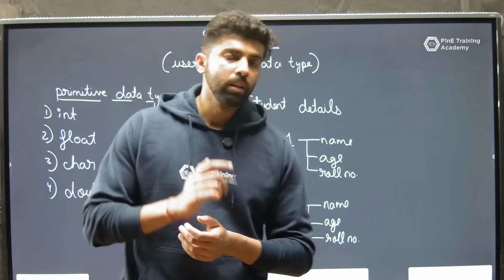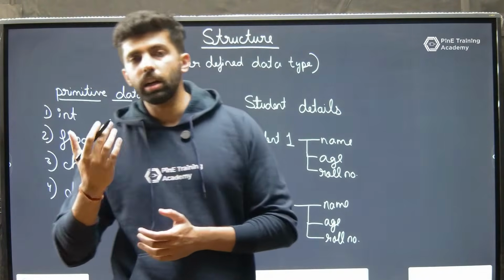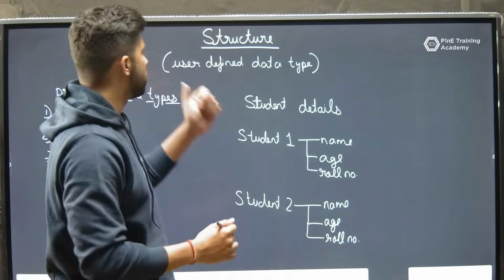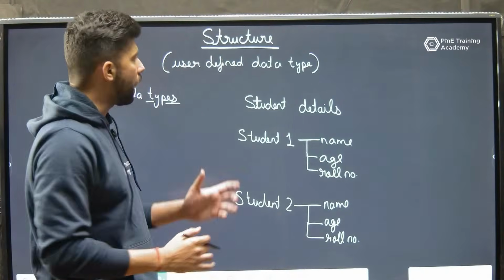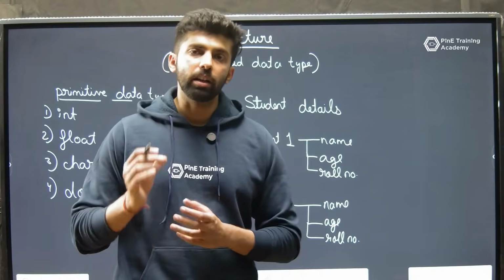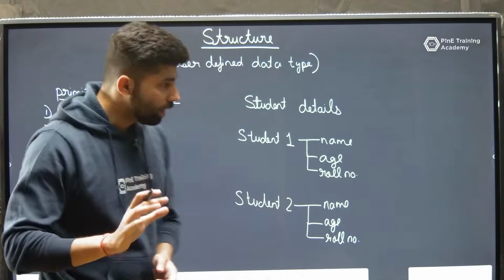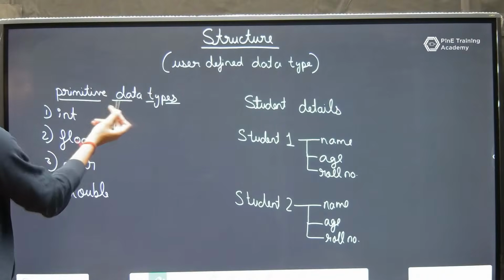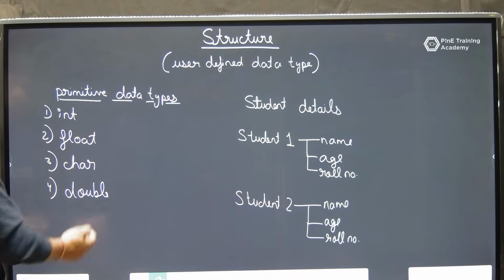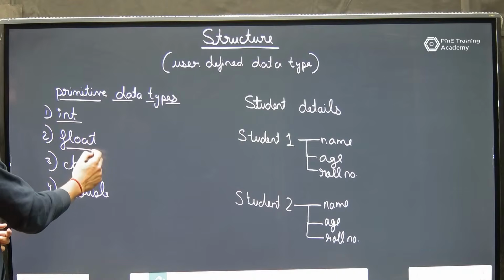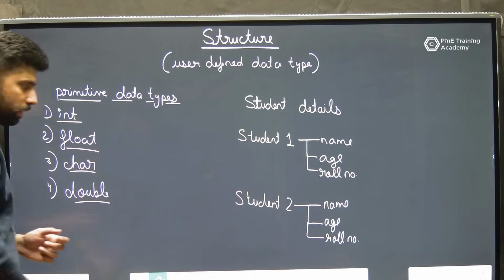types. Okay, so the first user defined data type is structure. And why am I calling it user defined data type? We will see here. So in primitive data types, we have already studied int, float, char, and double.